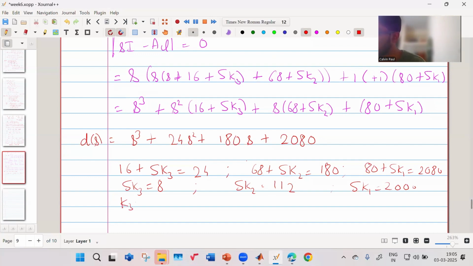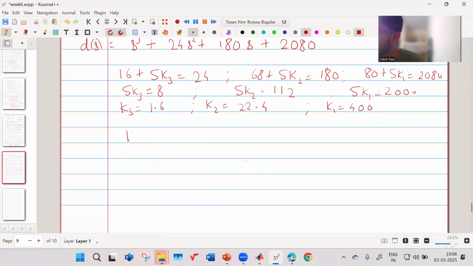So we get k3 is equal to 1.6, k2 is equal to 22.4, k1 is equal to 400. So the vector K required is 400, 22.4, and 1.6. Any queries in this?